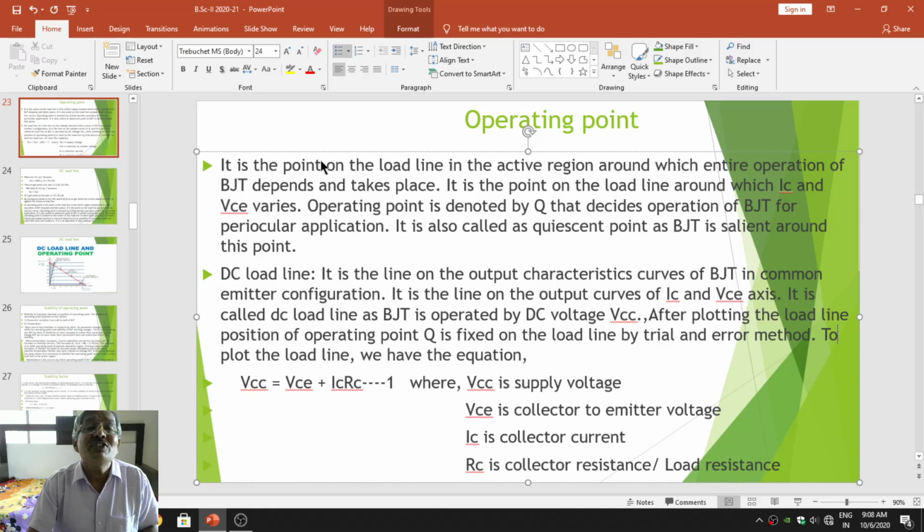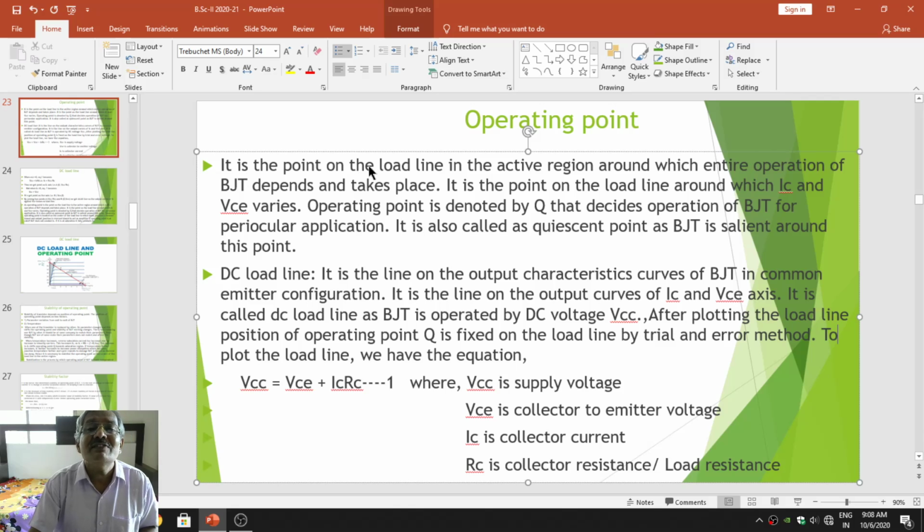Operating point is the point on the load line in the active region around which the entire operation of the BJT depends and takes place. Means around that particular point the working of the BJT is done.